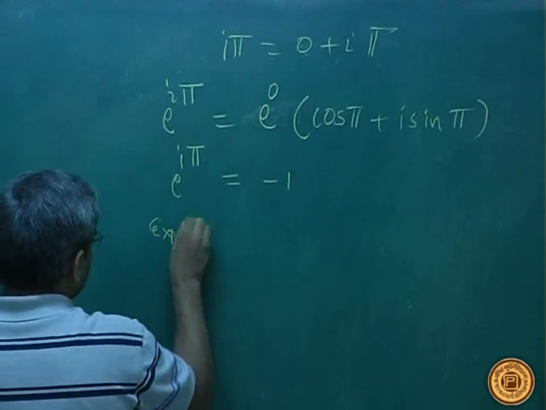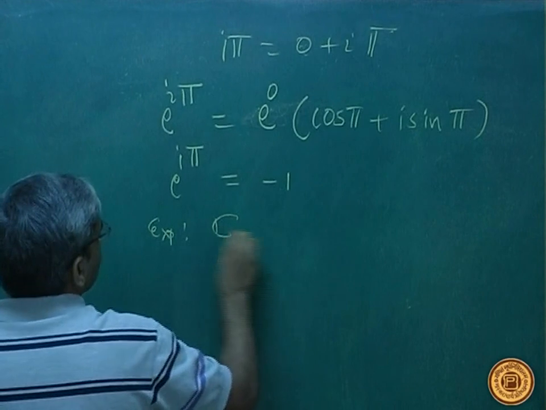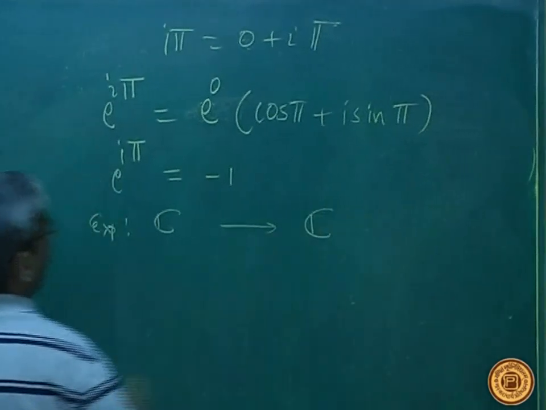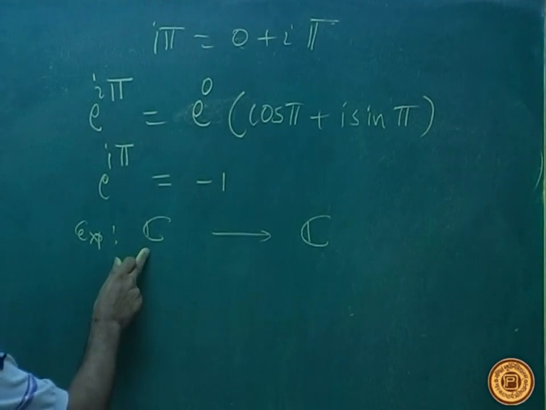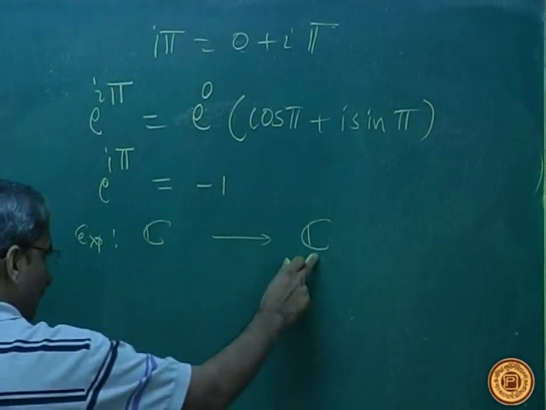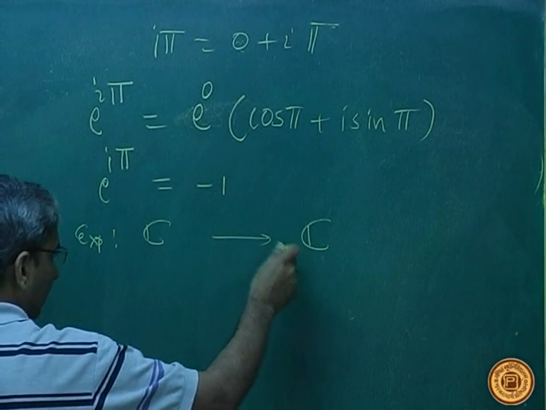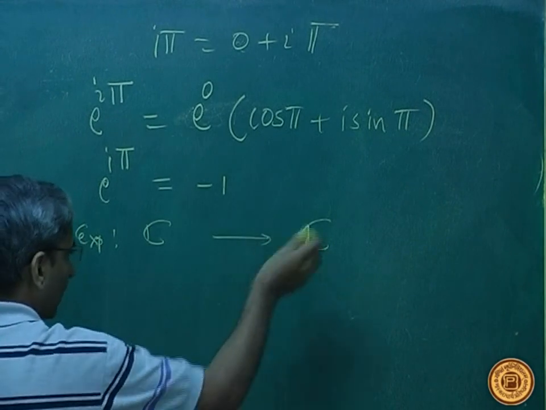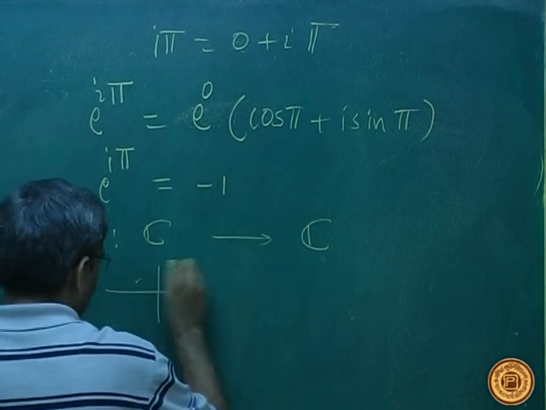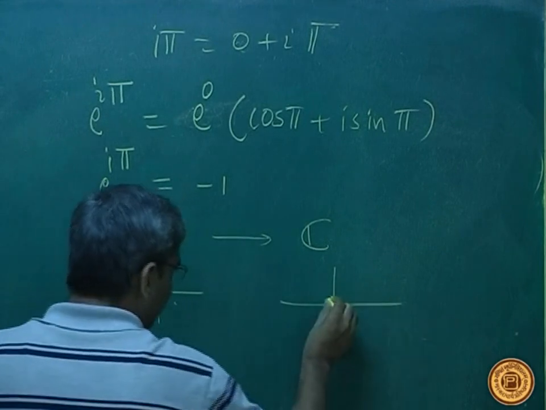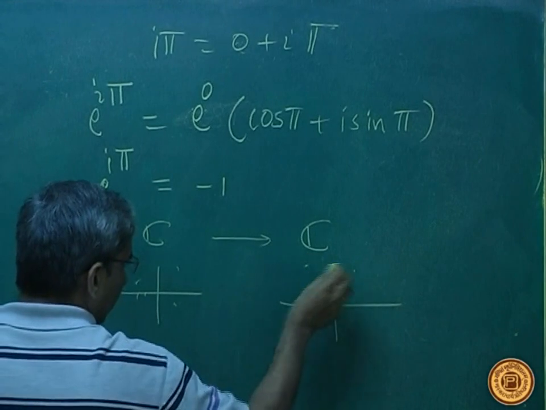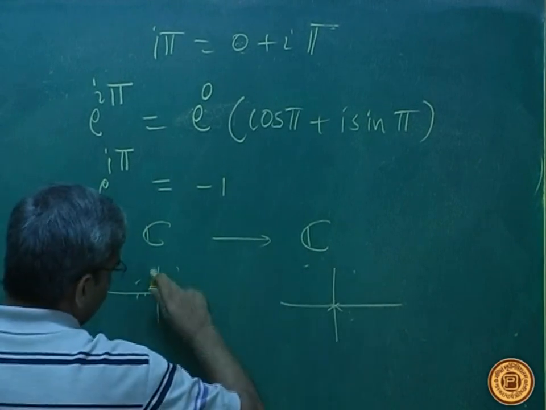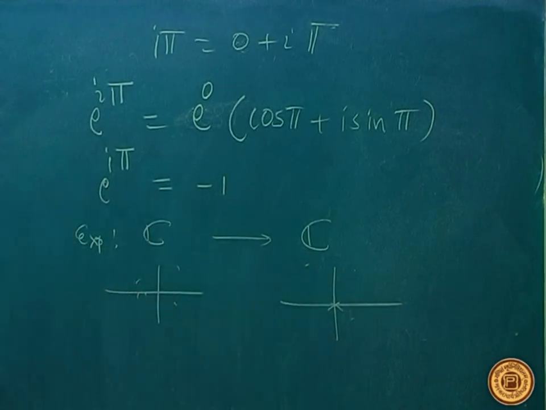So this exponential function is defined from C to C, its domain is C, codomain is C. We will see that it will not take the value 0, but it takes all other values. So you may take any point in the complex plane except this one, and for some z, e^z will be that.